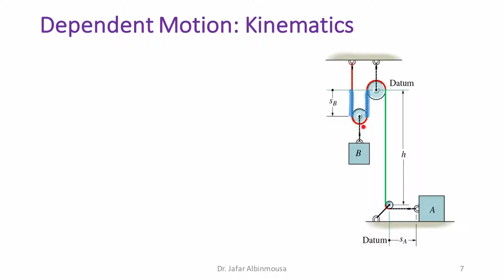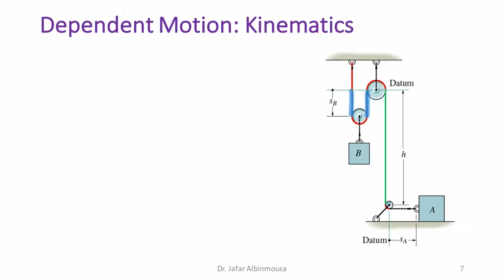And we said that this datum is also established at a fixed point, because the pulley here is fixed to the wall. Then we can say that downward for B is positive and upward is negative.